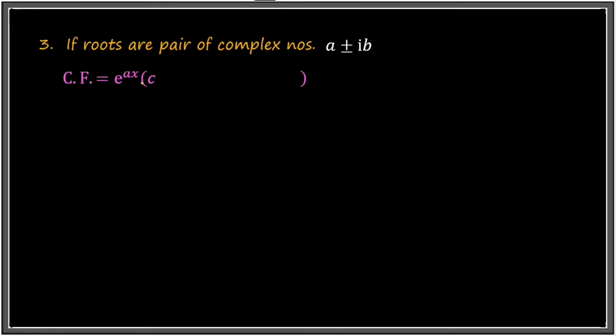Then in this case the CF is e raised to power ax into (C1 cos bx + C2 sin bx). Here a is the real part and b is the imaginary part.